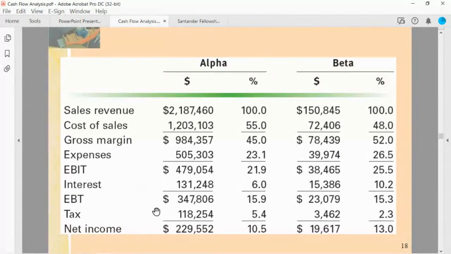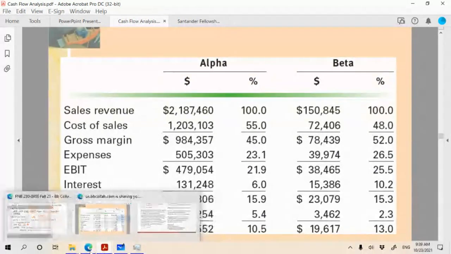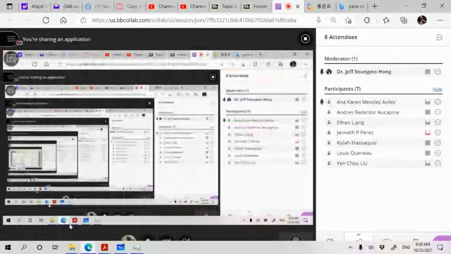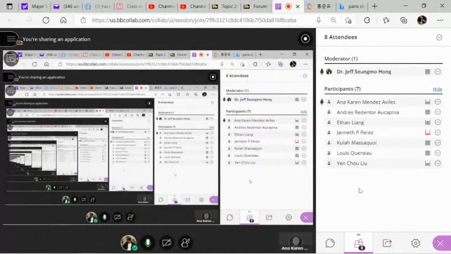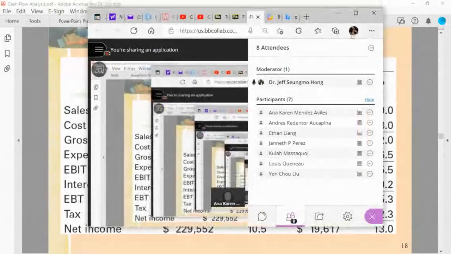Anyone? Is it equity? Yeah, equity is part of it, but equity alone is not enough. Think about it. Equity is part of what?